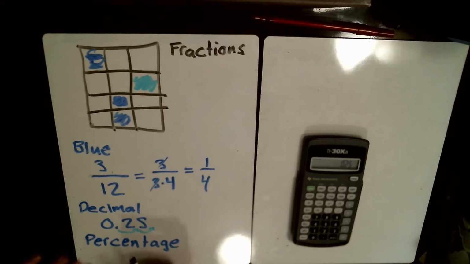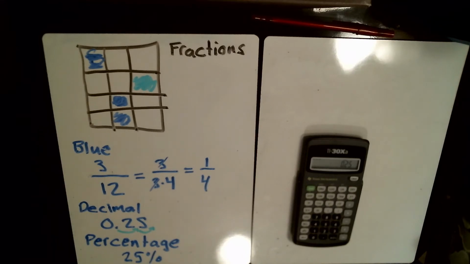So 100 is 2 decimal places. So this would be 25%, okay? So there's a 25% chance if you took a square in this that it would be a blue one.